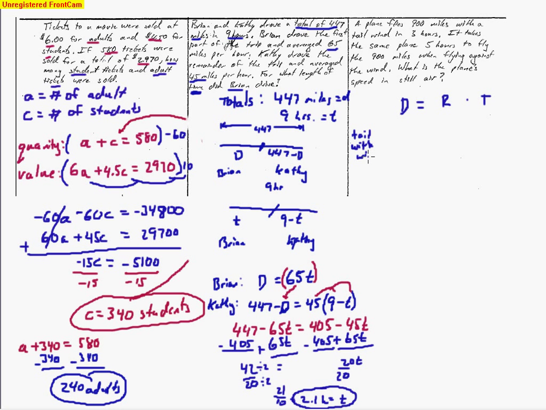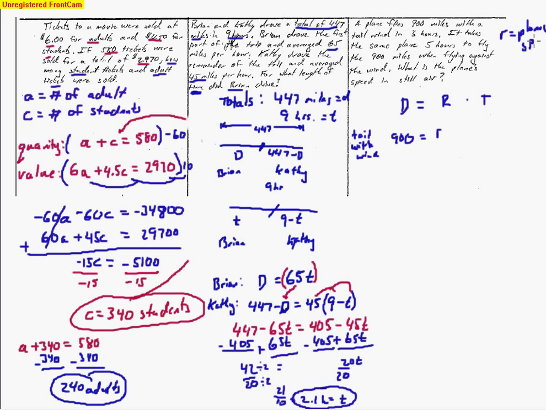All right, so let's read further what it says. It says that the plane flew 900 miles with a tailwind. So 900 miles is a distance with a tailwind. It doesn't say anything about the wind speed or the rate of the plane. So what we do know is that the plane has some rate. Let's call R the rate of the plane, so R equals the plane's speed.